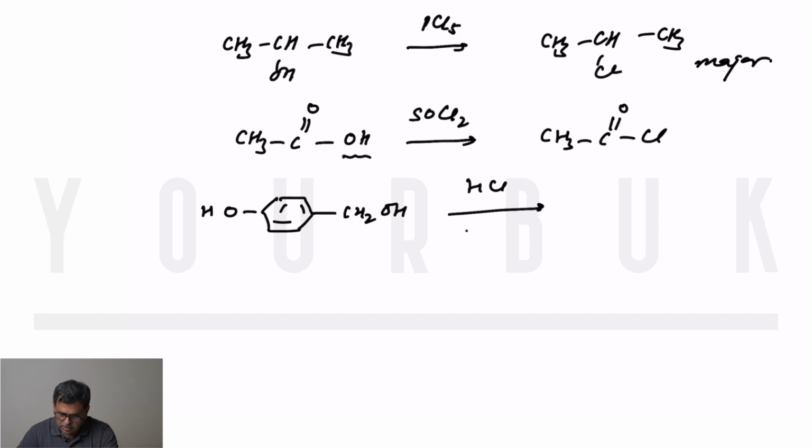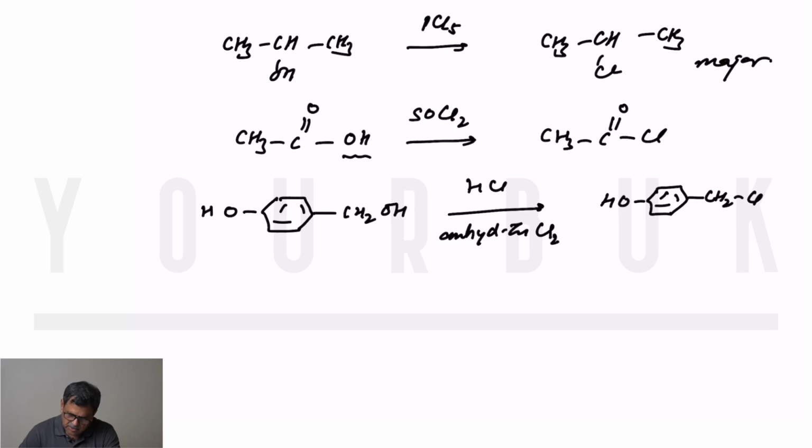So this hydrogen chloride in the presence of anhydrous ZnCl2 will replace only the OH on the side chain. The OH group directly bonded to benzene remains unaffected. So these are the things you should remember. Only this OH can be replaced, not the OH directly bonded to benzene.